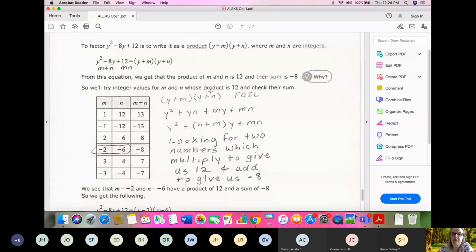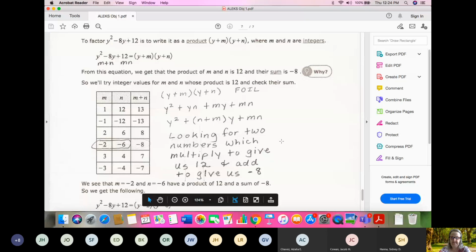So I got 12 by multiplying the outside numbers together, an understood 1 times 12. Let me restate it to make sure it's clear: looking for two numbers which multiply to give us 12 and add to give us this coefficient in the middle, not the variable, the coefficient, -8.